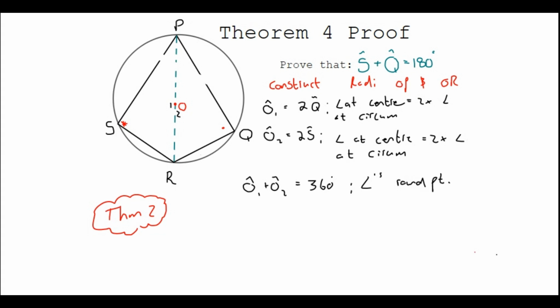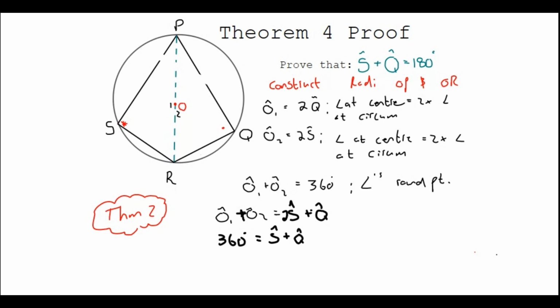O1 plus O2 equals 2 times angle S plus 2 times angle Q. We don't have to write a reason for that, but we do need to say that 360 degrees equals 2S plus 2Q.